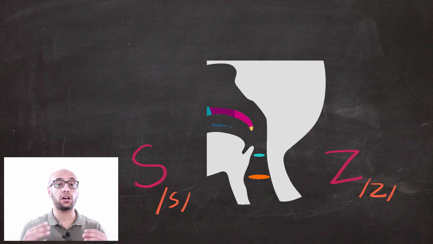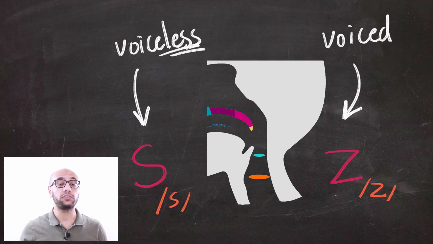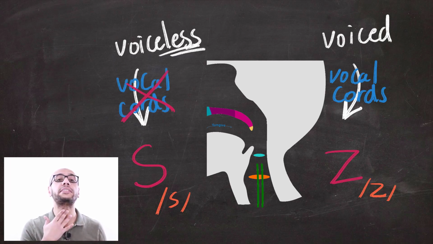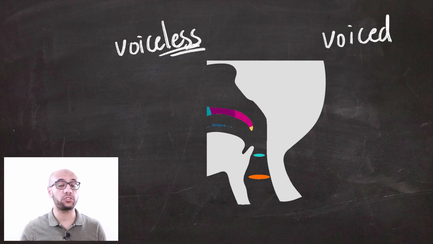And that comes because the vocal cords are vibrating. The difference between s and z is also called voiceless and voiced. So voiceless sounds, you don't use your vocal cords to pronounce them, like the s and h. No vibration here whatsoever.